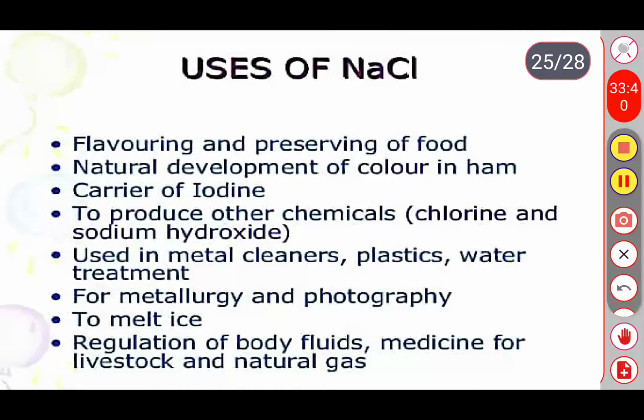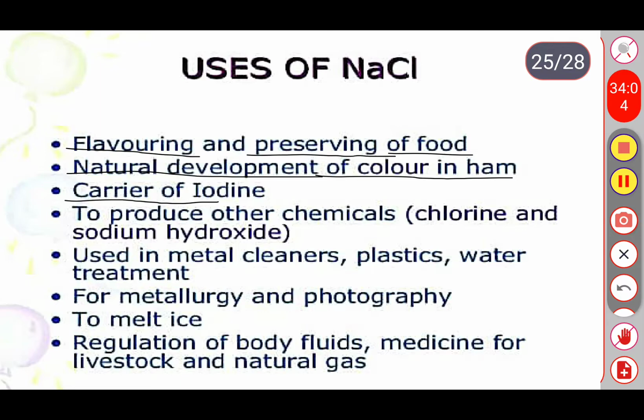Okay, so first one is sodium chloride. Sodium chloride is used as a flavoring and preserving of food. Natural development of color in ham. And the third one is carrier of iodine.